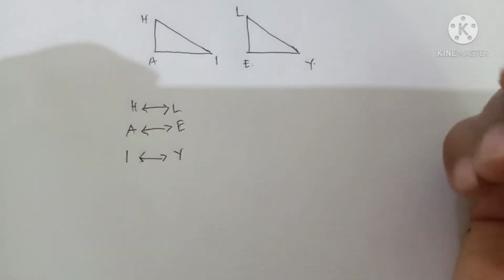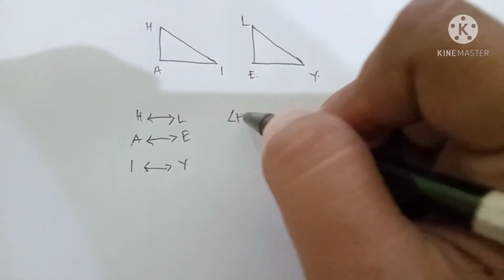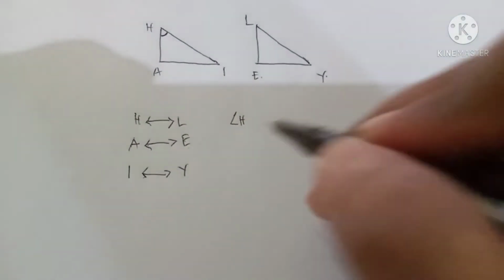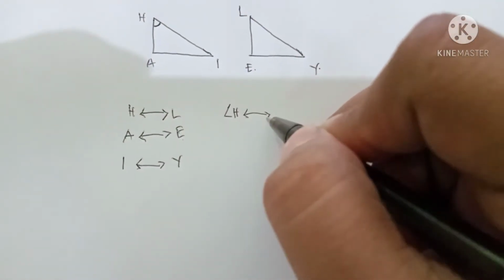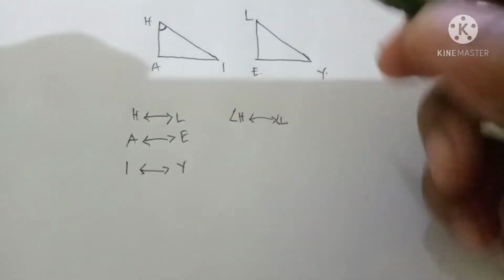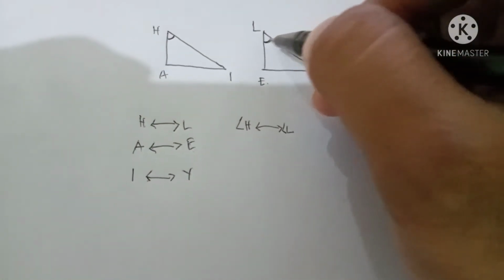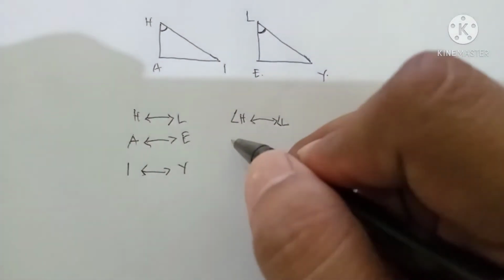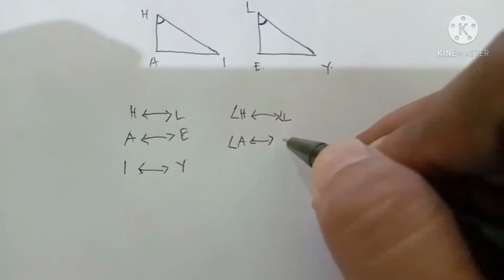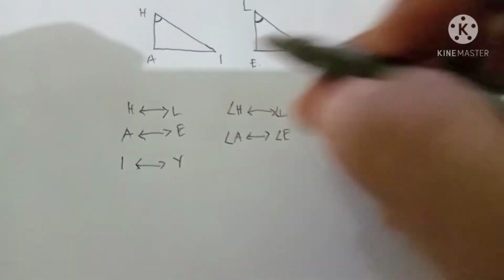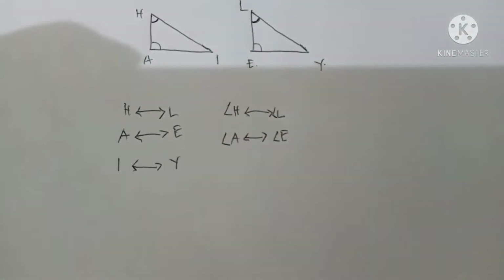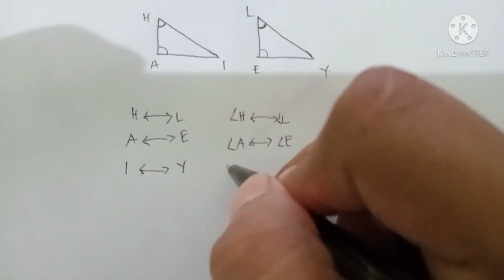And let's talk about angles. So angle H, so this angle, okay, corresponds to angle L. This, okay, and angle A corresponds to angle E. Angle A, angle E. Okay.